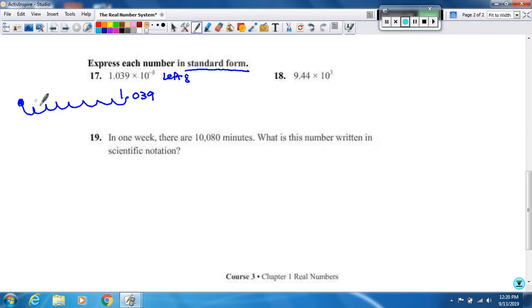That's the new decimal. Any spaces get zeros. So the answer is, usually you want to put a 0 in front of the decimal. Okay, you're going to have 7 zeros and then a 1039.